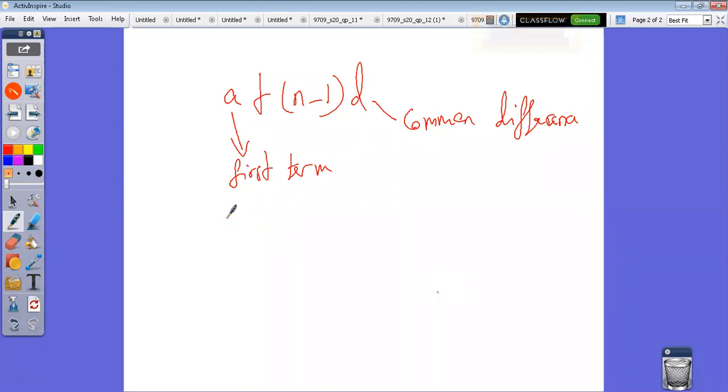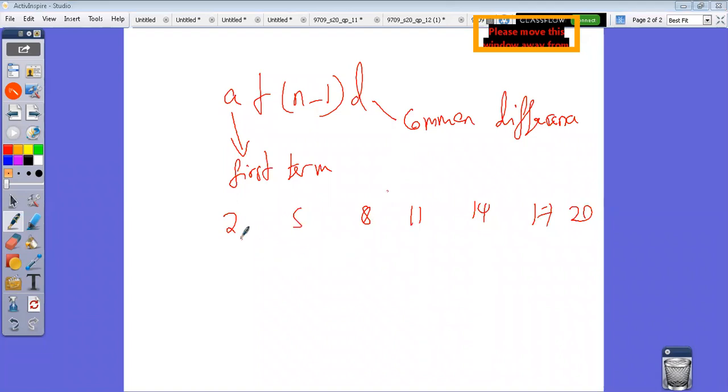So let's say I have the terms 2, 5, 8, 11, 14, 17, 20. If you look at these terms, what are we adding all the time?